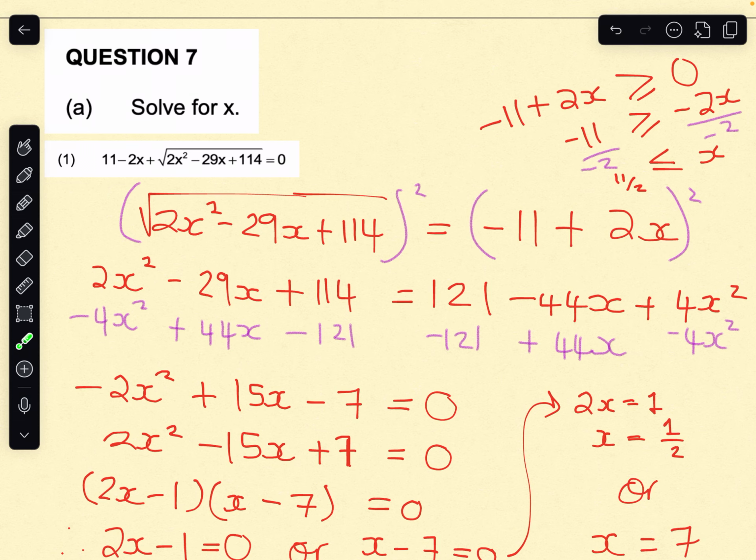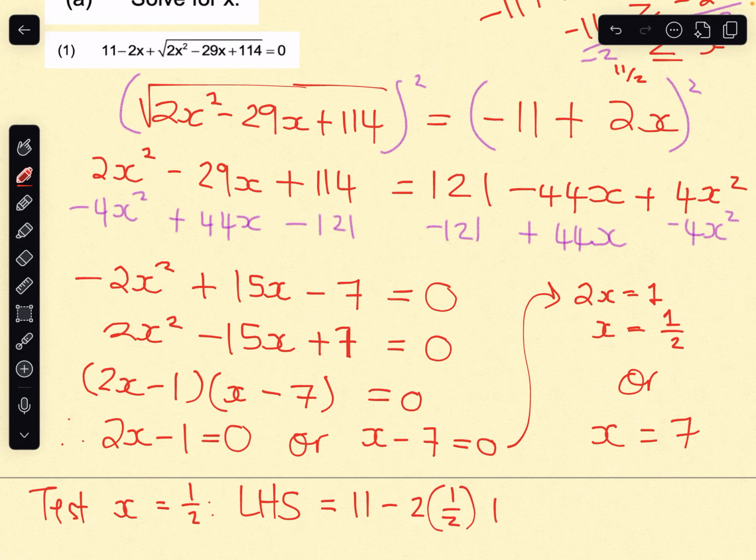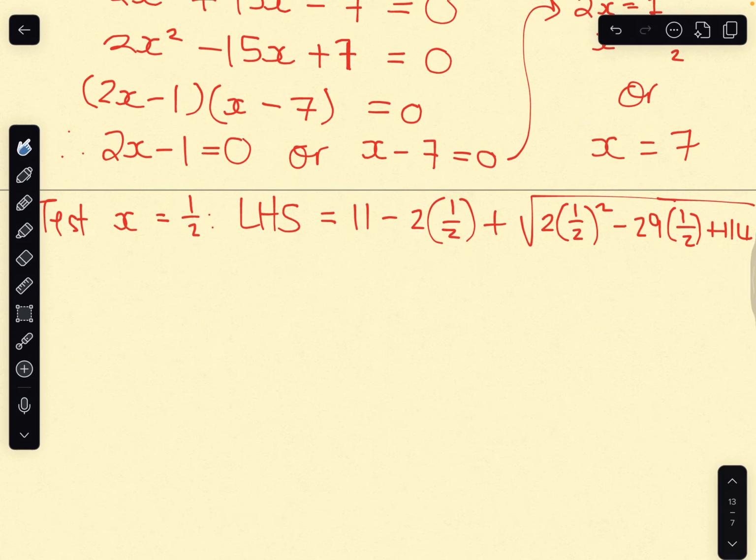So let's just go ahead and plonk both values in here and see what we get. So test x equal to a half. So the left hand side would be 11 minus 2 times a half plus 2 times a half squared minus 29 times a half plus 114, for which I am going to get the help of my calculator.